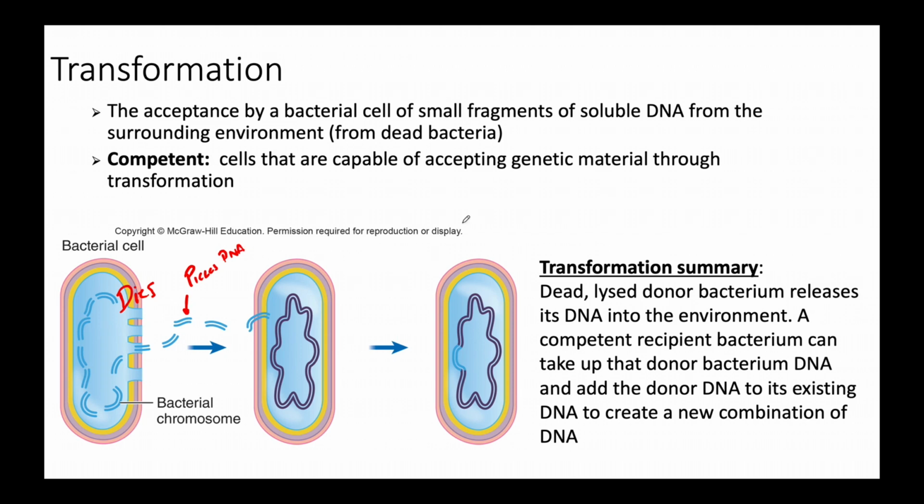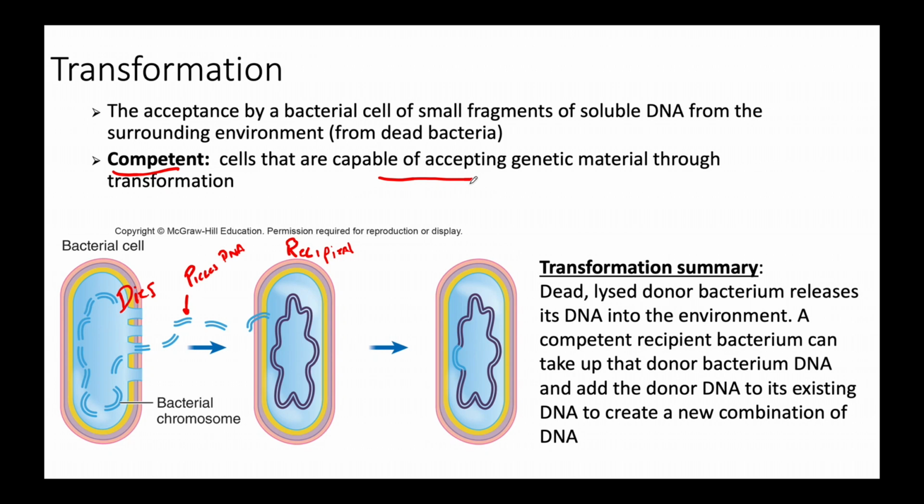And here is the recipient cell, and we call these competent cells, because competent cells are capable of taking up DNA from their environment. Not all bacteria are competent, so they can't all do this process, but some are.